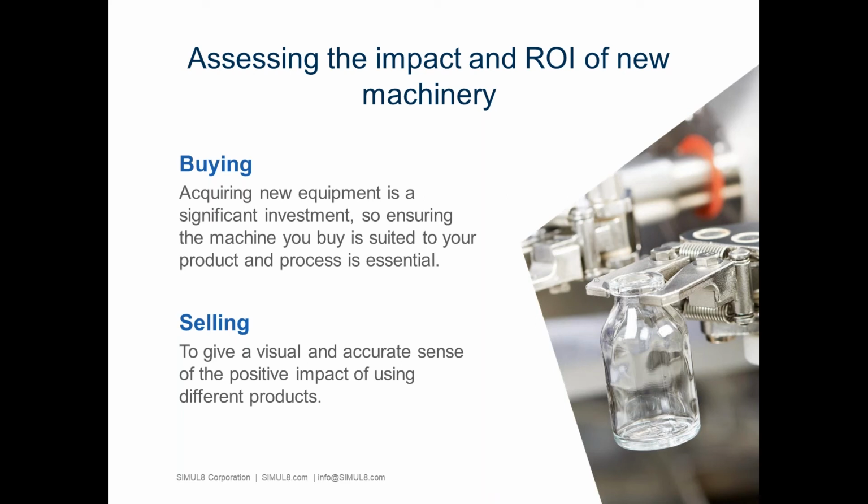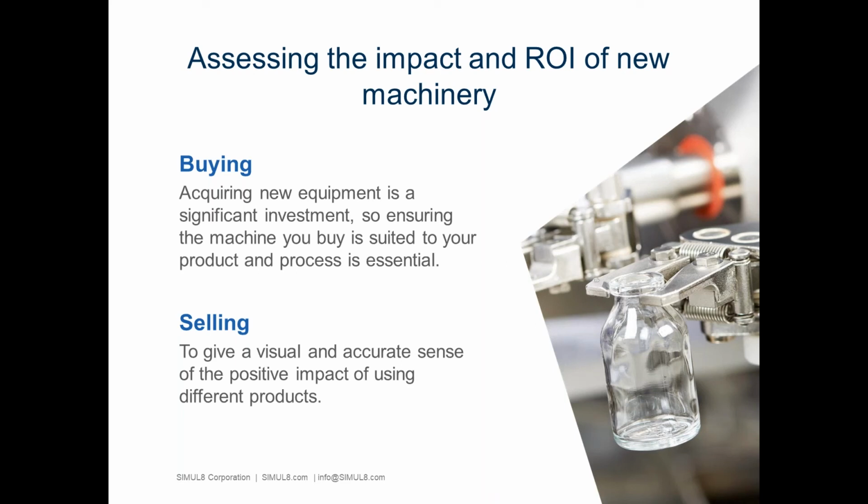So some of the common uses, a fairly common one is looking at new machinery. When you're changing a lab, there's going to be a lot of different options out there. There could be different brands to choose from, completely different machines, and knowing which one you need is going to be vital. It can be a very significant investment, so it's important to know the true impact before you make that investment.